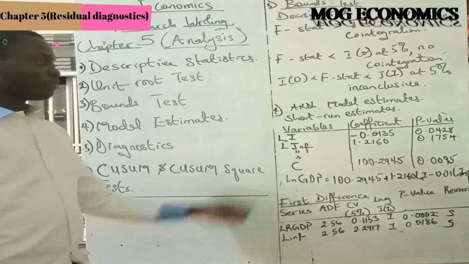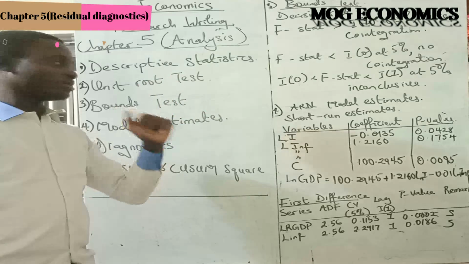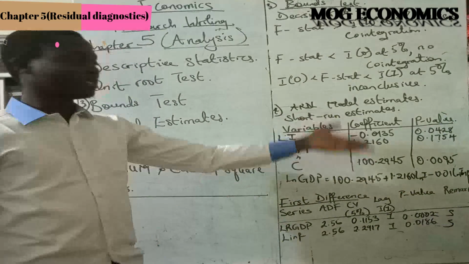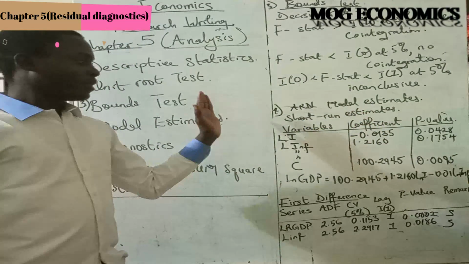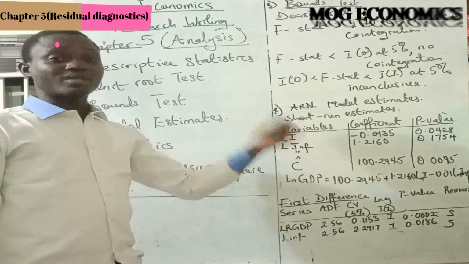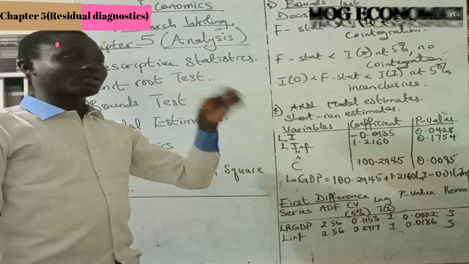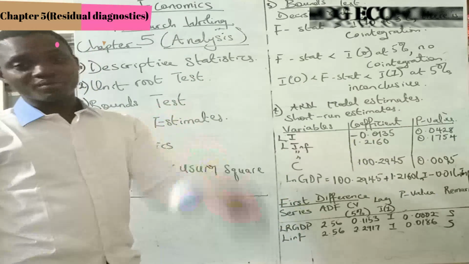Which means that you create a table just like the one that you did for unit root and descriptive statistics. In the table you have your variables, coefficients and the p-values. Your variables are not exactly going to display this way. There are going to be other things: standard error, R squared, Durbin-Watson statistic, and a lot of things.